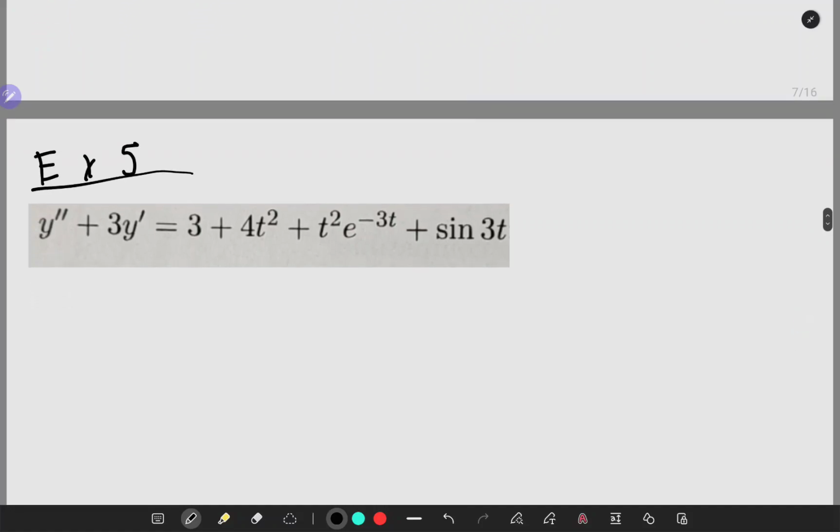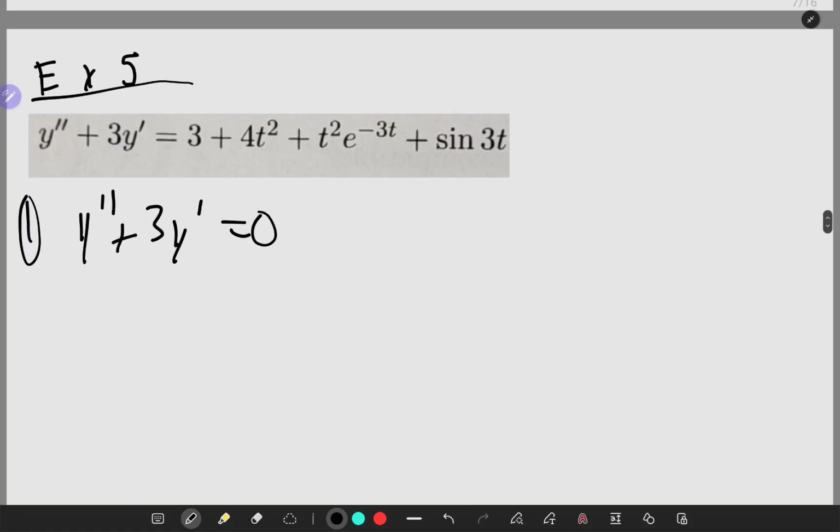We have, first step, solve the homogeneous equation. So set it equal to 0. Propose y equals e to the rt. Cancel out the e to the rt's. r squared plus 3r equals 0.